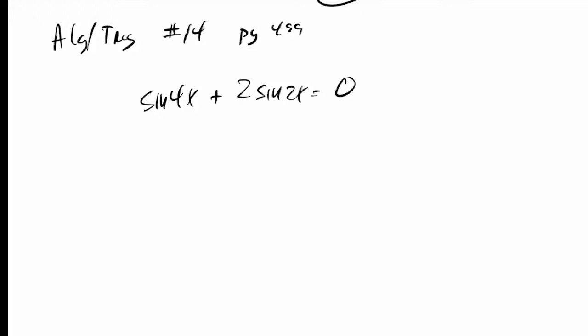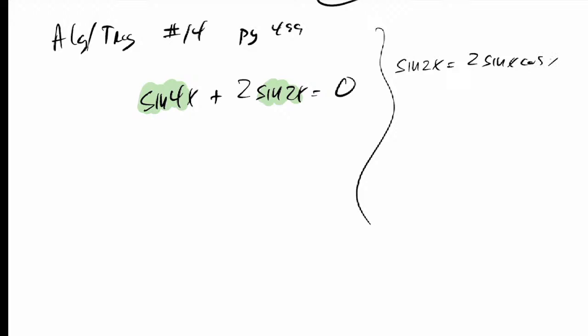Okay, so with this one here, you want to solve this trig equation. Looking at this, there's nothing to factor out, right? Like I've got this sine of 4x, sine of 2x. I don't have anything to factor out, but I know that the sine of 2x in general is 2 sine x cos x.